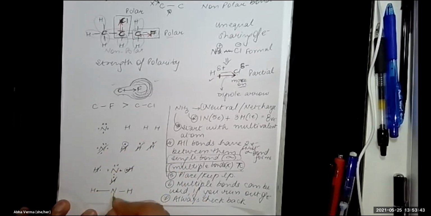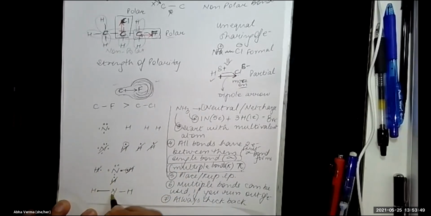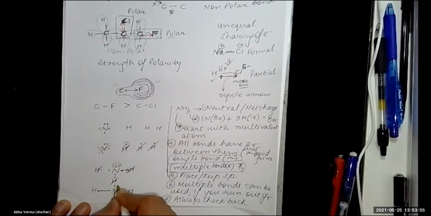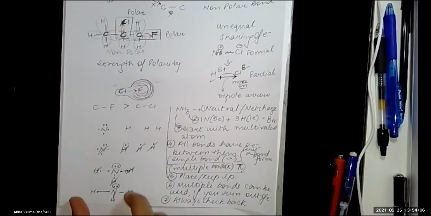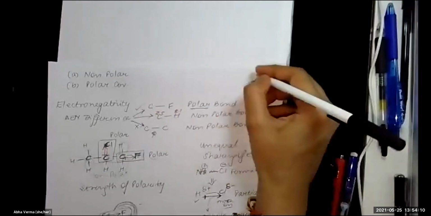Each of these makes a bond right here, right here, and right here. What is left is the lone pair. And that is a completely legitimate, completely reasonable Lewis structure of ammonia.